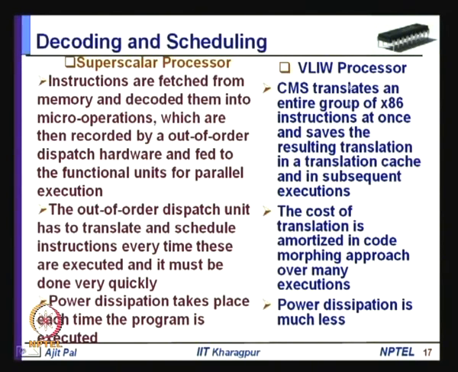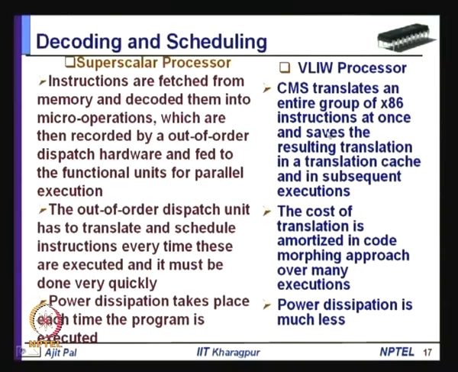Now, what happens in case of VLIW processor? In VLIW processor, the code morphing software CMS translates an entire group of x86 code instructions once and saves the resulting translation in a translation cache memory, and uses them in subsequent executions.